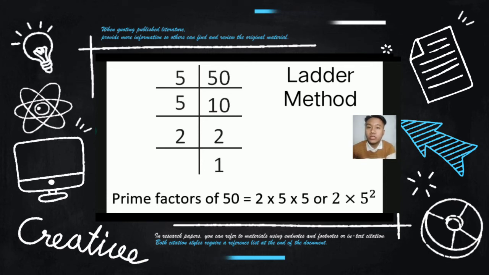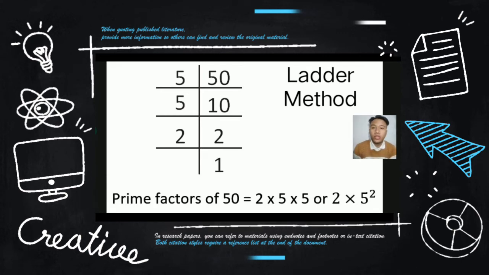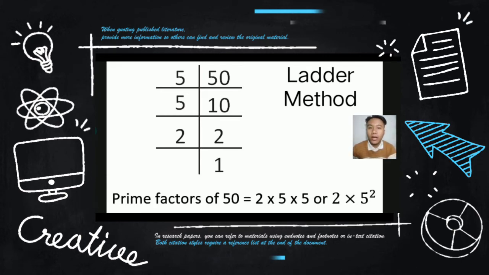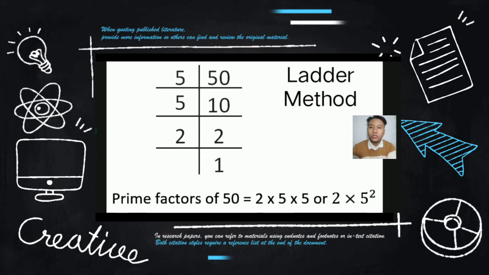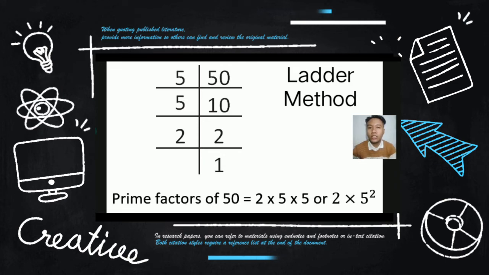Ang lumabas doon, pag dinivide natin yung 50 sa 5, 10. Tapos, yung 10, pwede pa ulit siyang pababain. So, i-divide siya ulit sa 5. So, ang lumabas doon is 2. Tapos, yung 2, pwede pa siyang i-divide sa 2. And, ayan, nakuha na natin yung number 1.